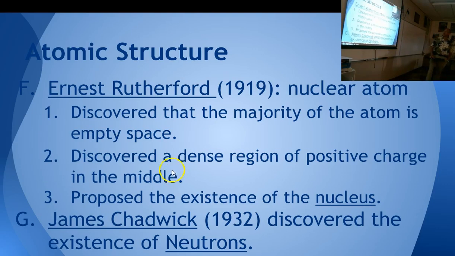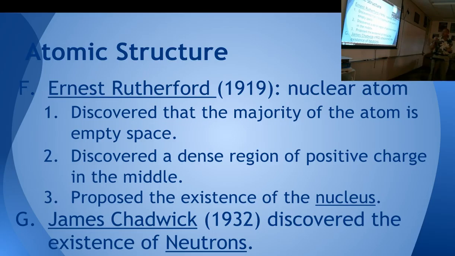Okay. Rutherford, around 20 years later, clarified that it's not a mass of positiveness, that actually most of the atom is empty space. Most of the atom is a vacuum, it's nothing. That all of the positiveness is in this incredibly dense region in the middle, and he proposed the existence of a nucleus.